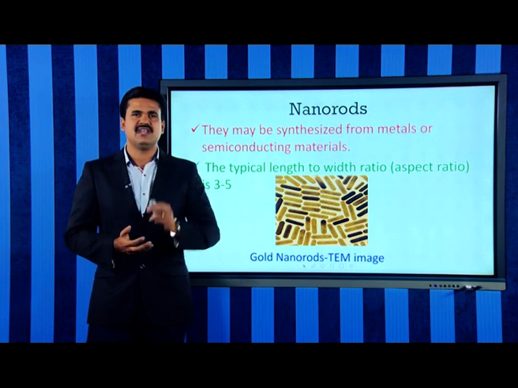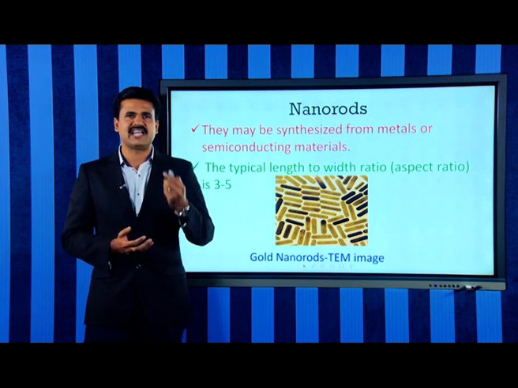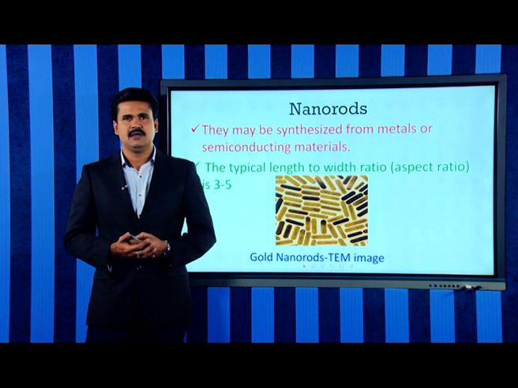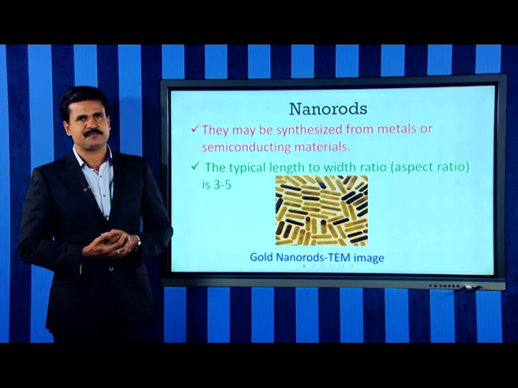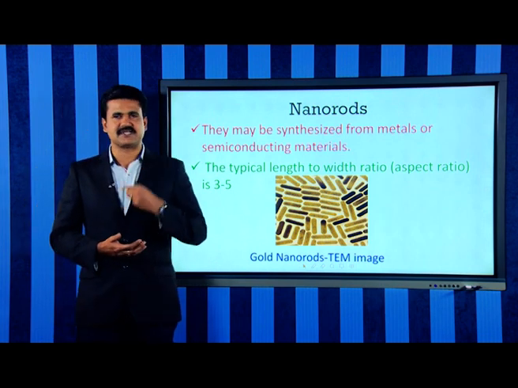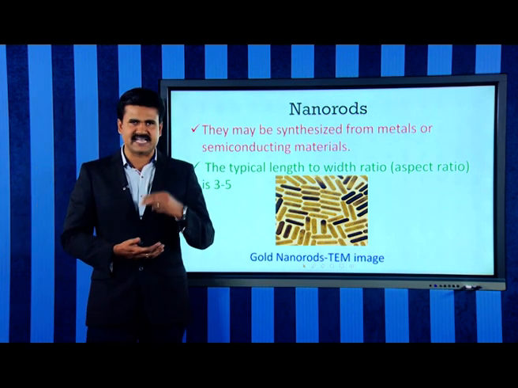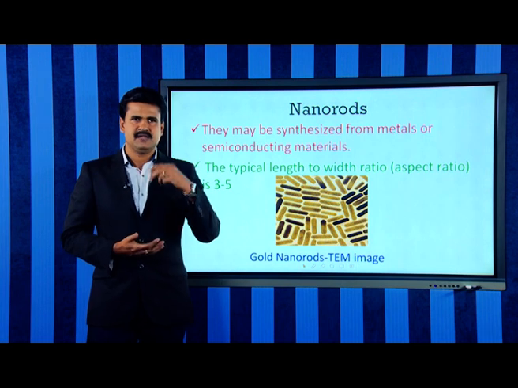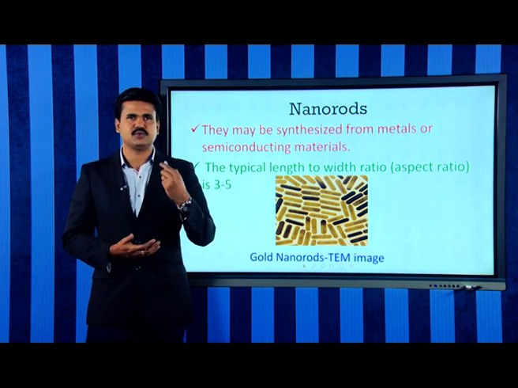That is, nanorods are one-dimensional nanomaterials. One important peculiarity associated with the nanorod is that they have an aspect ratio. Aspect ratio means length to width ratio in the range of 3 to 5.